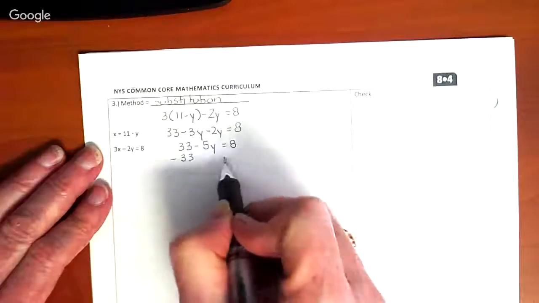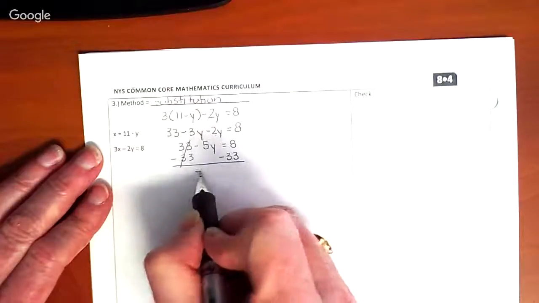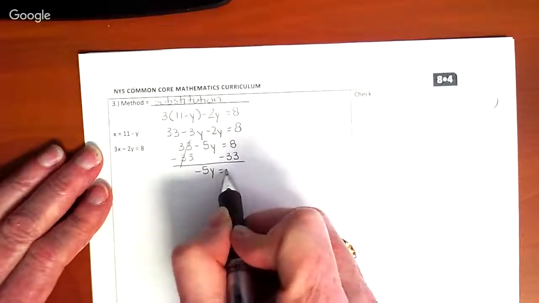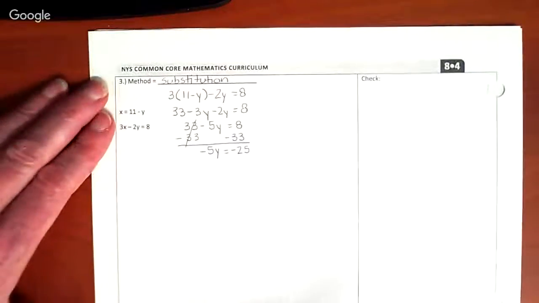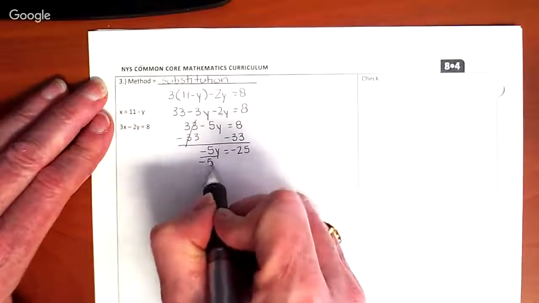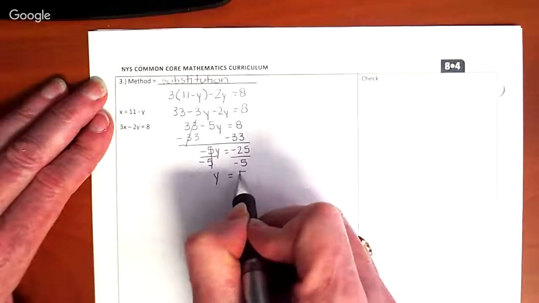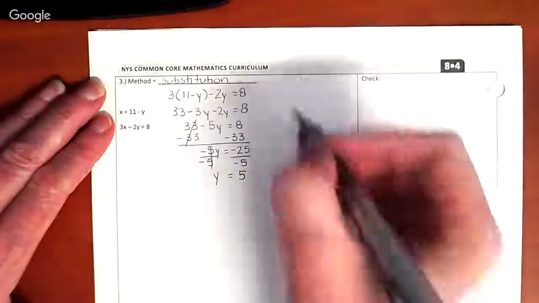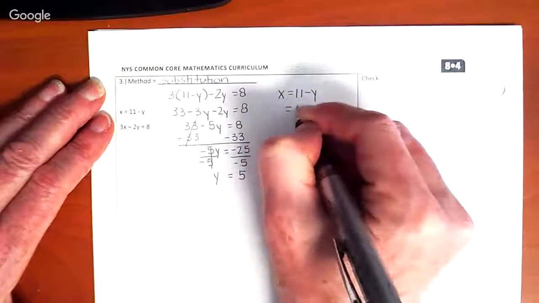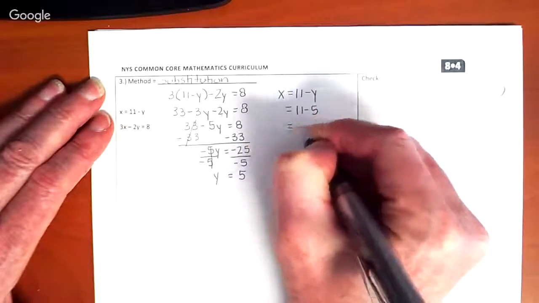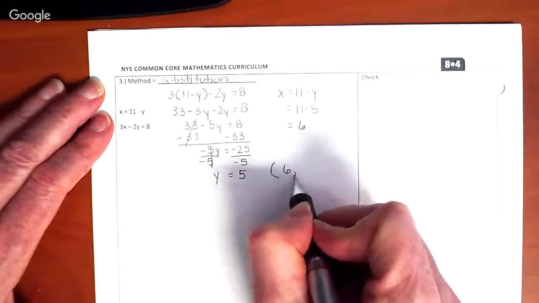Subtracting 33 from both sides, I have negative 5y equals negative 25. Now I divide both sides by negative 5. y equals 5. So substituting that in, x equals 11 minus y. 11 minus 5 equals 6. So my solution is 6, 5.